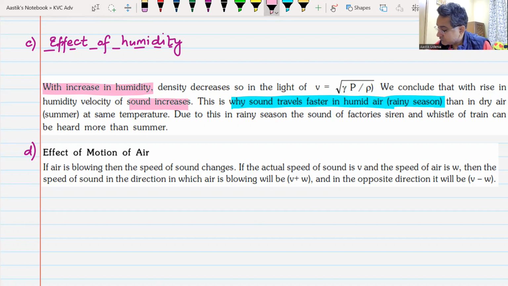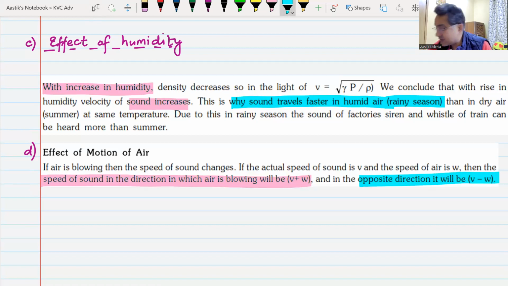So, when the speed of sound and the direction of wind are in the same direction, the speed of sound becomes v plus w. When they are in the opposite direction, it becomes v minus w. Do we understand this? Yes or no?